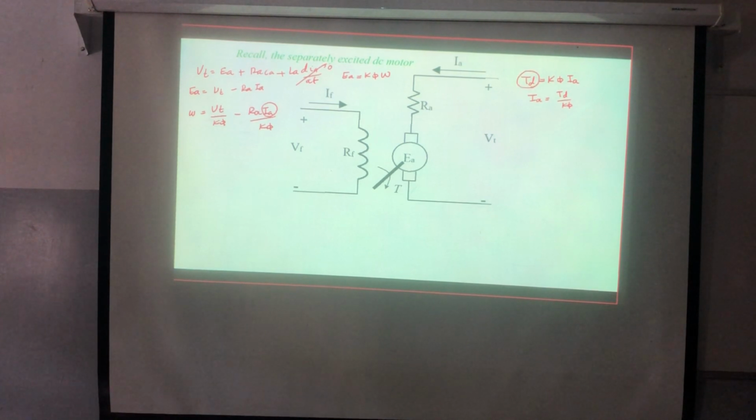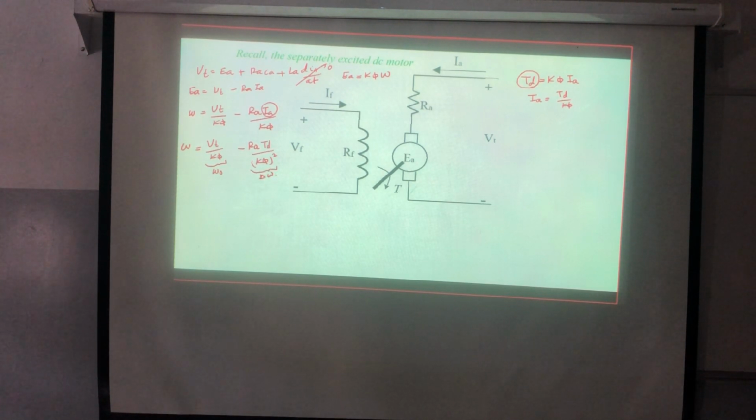IA will equal TD over K phi, so omega equals VT over K phi minus RA TD over K phi square. Now, this first term is actually omega naught, and this second term is actually delta omega, correct?